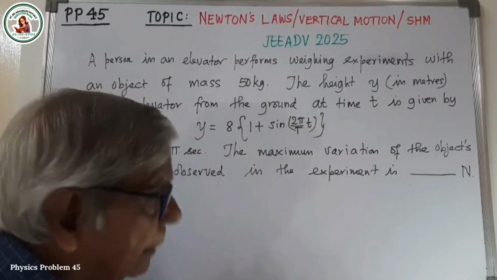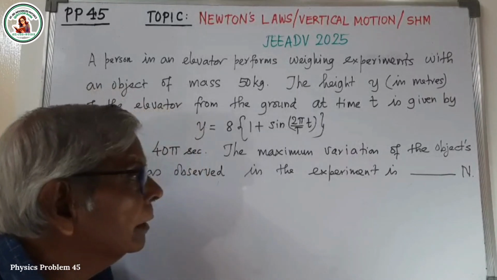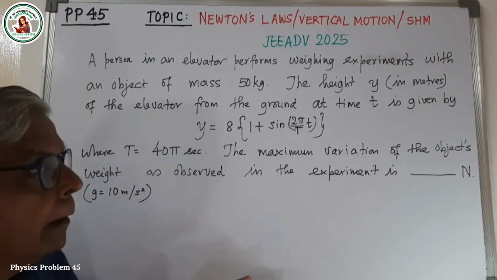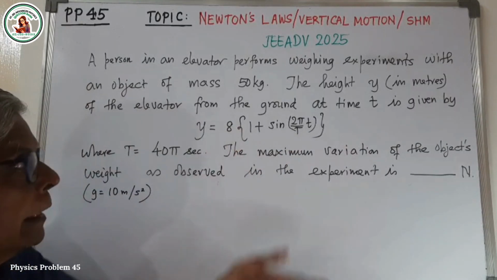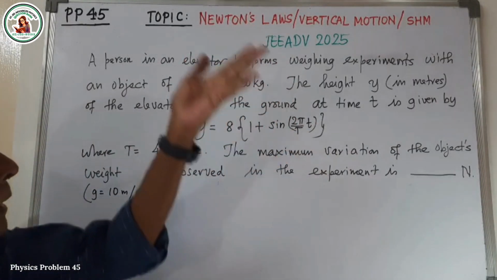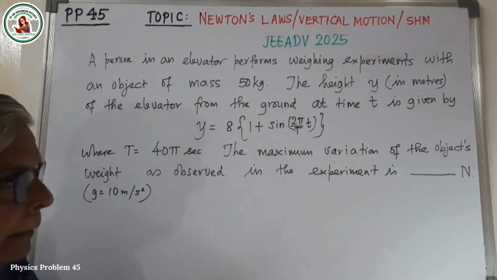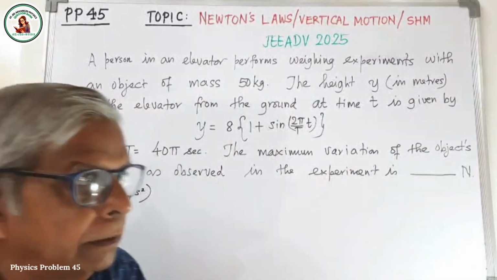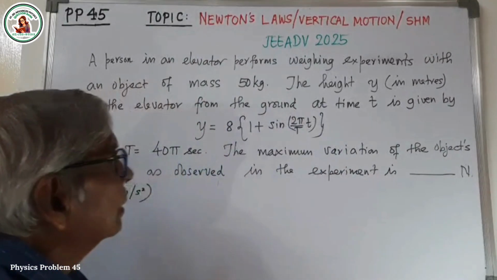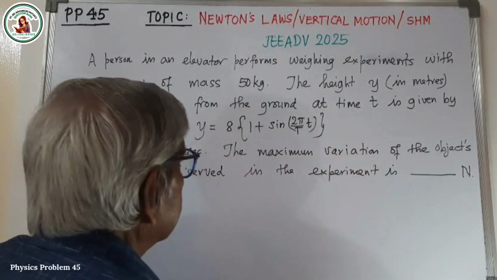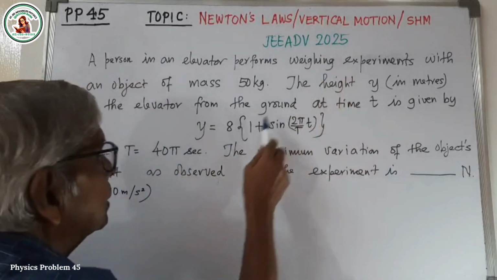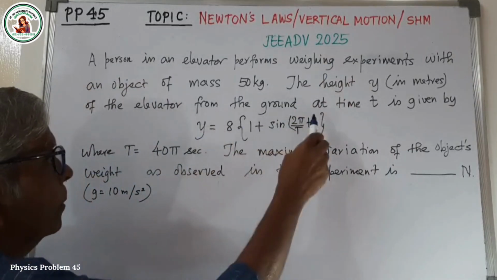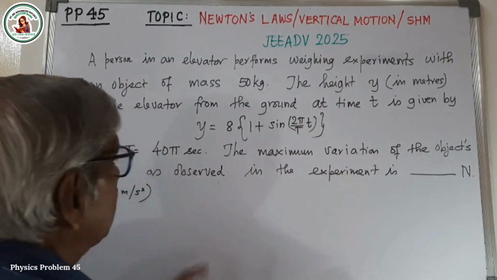The statement, you can see, is based on a lift, an elevator, accelerating upward or downward. The apparent weight formula we have to use, which must have been discussed in your class. Here the simple harmonic motion is because it's a hypothetical question actually.